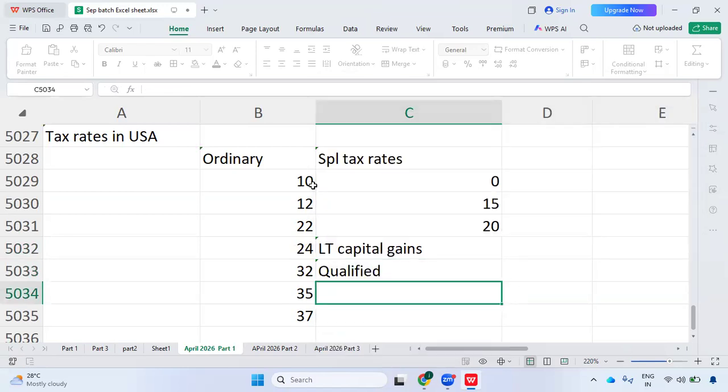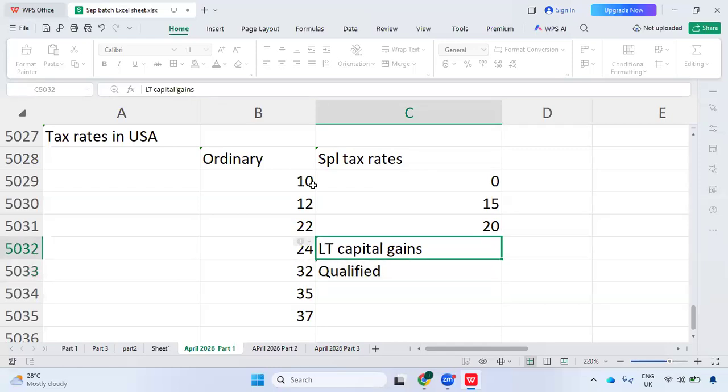Qualified dividends are subject to long-term capital gains rates only. That's why in Schedule D, along with long-term capital gains, we also include qualified dividends in the calculation. We will see this in the next topic on capital gains.